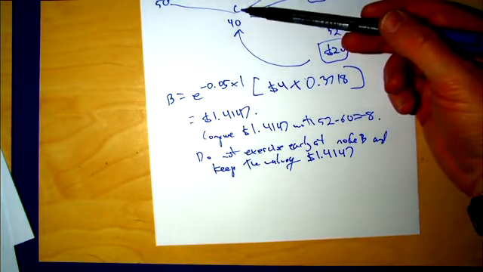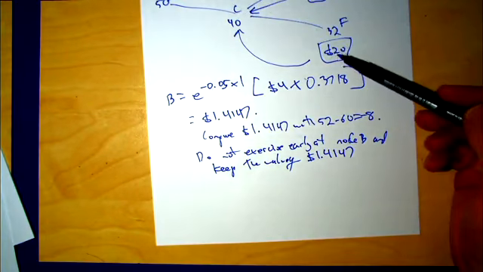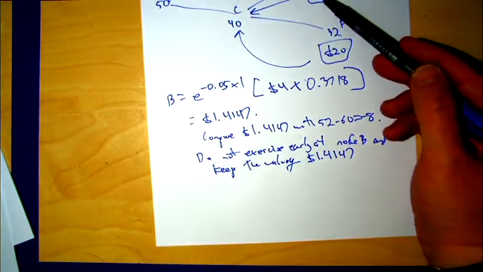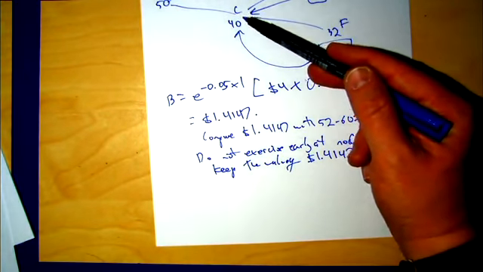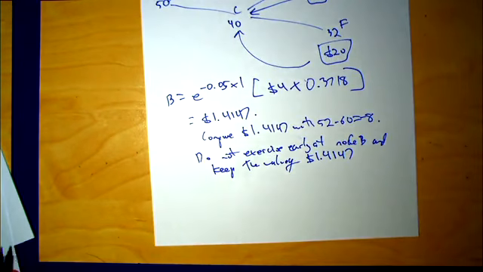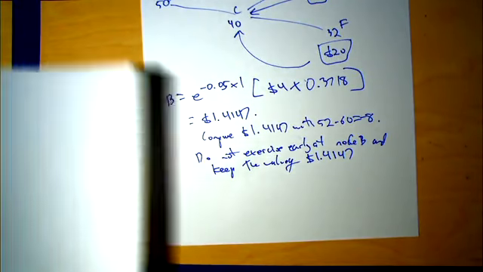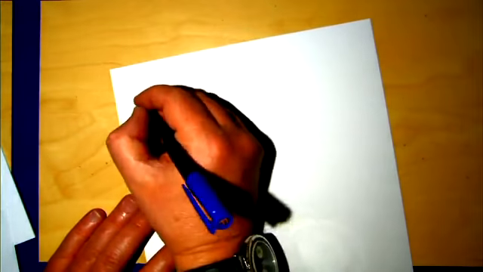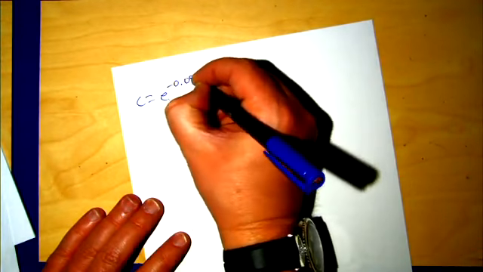Now I need to find the value at node C. So I need to bring that $20 back to C and that $4 back to C. And then I compare that with early exercise. So at node C, it's going to be equal to the present value, so e to the power of -5% times 1. I'm bringing it back one time step. Each time step's worth 1 year.